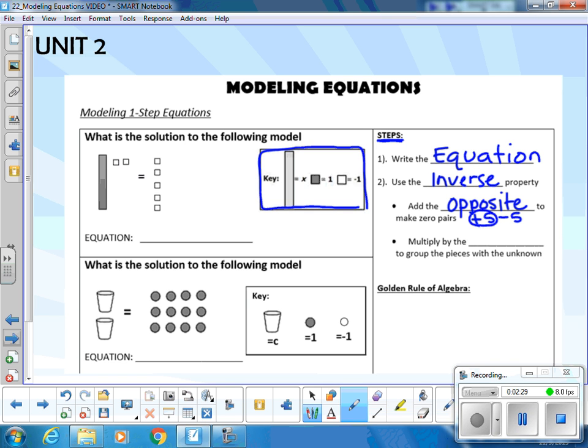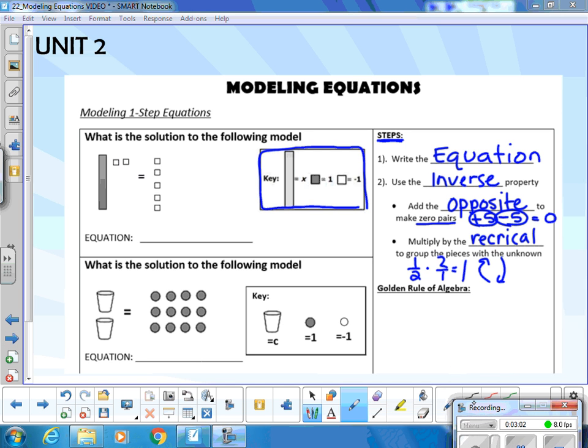We've got a positive and the same number as a negative, and that equals 0 to make those zero pairs. But if our operation is multiplication, then we're going to multiply by the reciprocal, or that's that flip where we flip the fraction upside down. So 1/2, the reciprocal would be 2/1. We're multiplying by 2, and we get 1 as our answer. So those are using the inverse property.